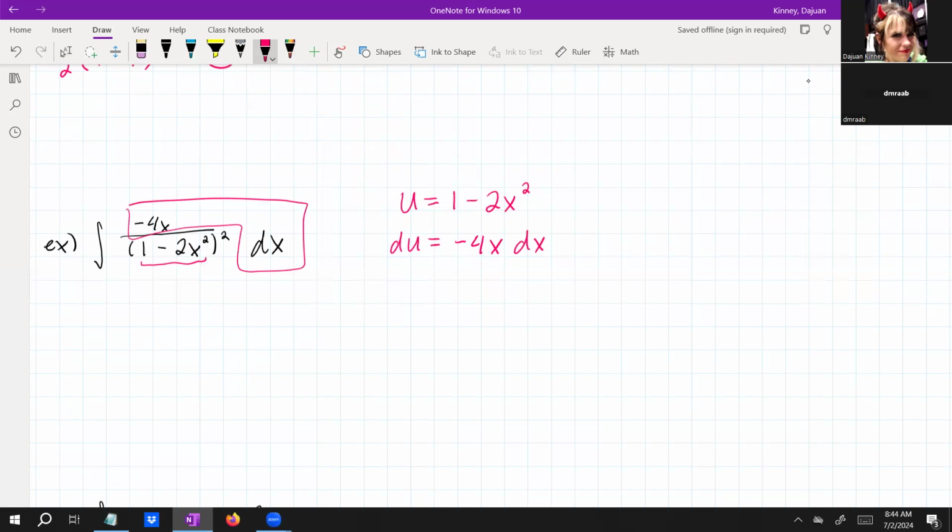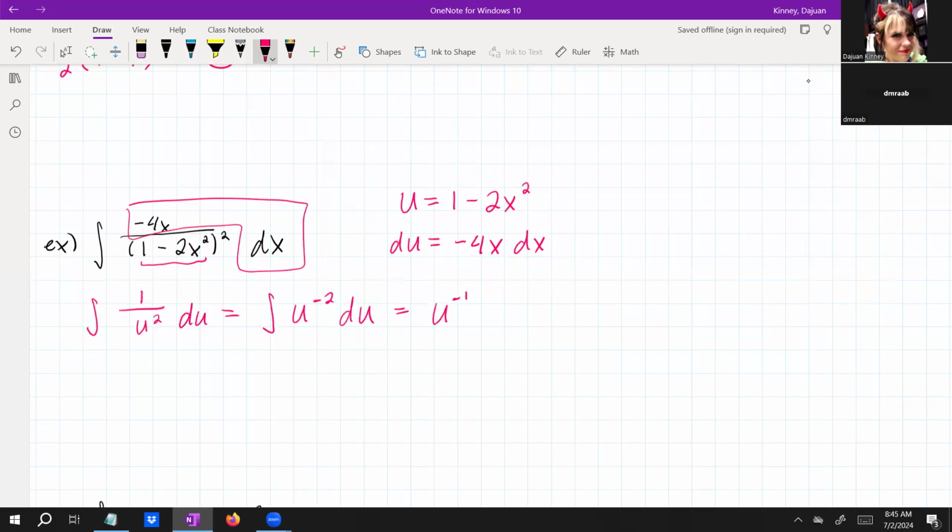There's my du. Perfect. Gives me 1 over u squared du. I don't like that. U to the negative 2 du I like a lot more. Add 1, which gives me, hang on, sorry.